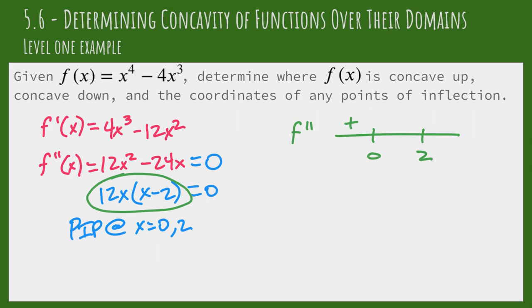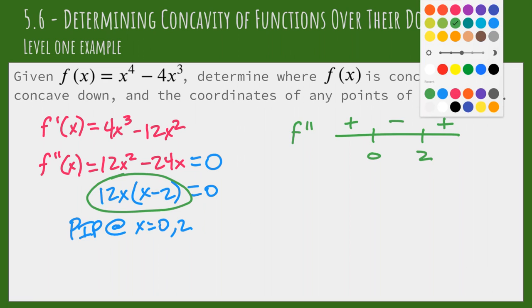If we plug in 1, we're going to get a positive 12 times a negative 1. So a positive times a negative is going to give us a negative on that interval. And then any number greater than 2, we're going to have a positive times a positive, which is going to give us positive.